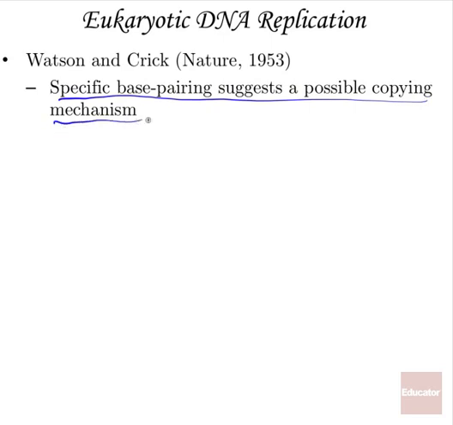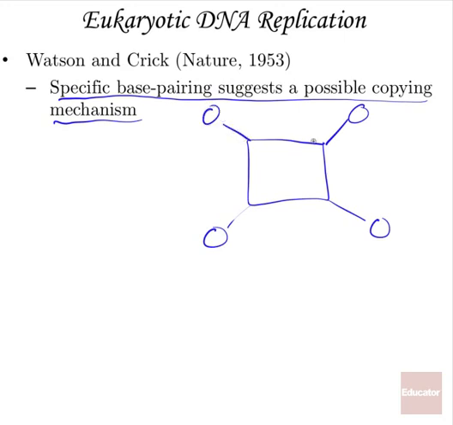Now, this is important because at the time, remember, protein was thought of as being the genetic material because, with DNA, they didn't see any type of copying mechanism. At the time, DNA looked like a tetranucleotide with the bases coming off on the ends, the phosphate backbone being in the middle, right? So this would be the phosphate backbone. And this would be a planar structure.